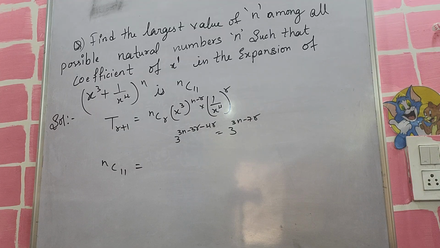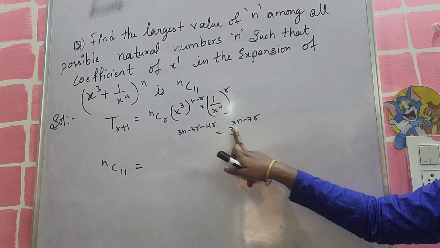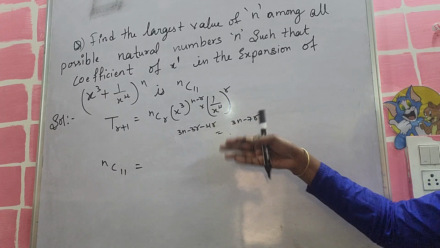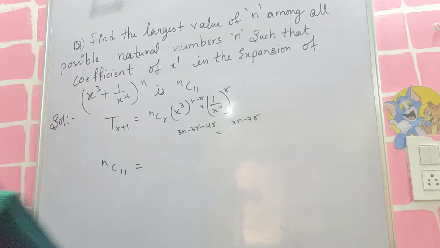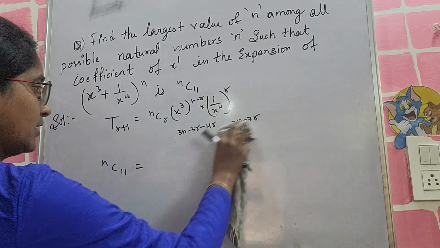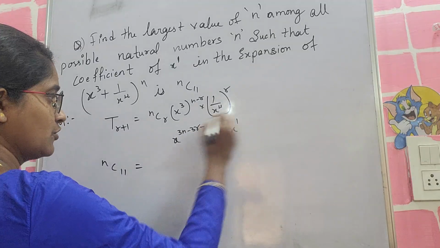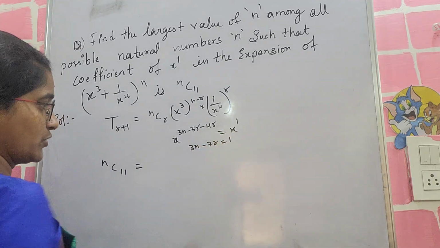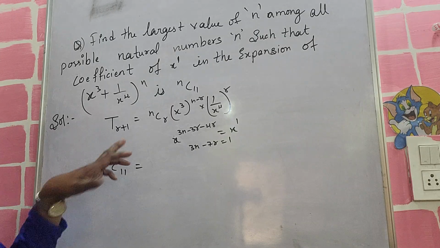Why am I writing x over here? X to the power of this, and I'm comparing it with x to the power of 1. I was doing it a little wrong over here. This one is x equals x to the power of 1. So if I compare, 3n minus 7r is equal to 1. Okay, now I'll substitute the r value.